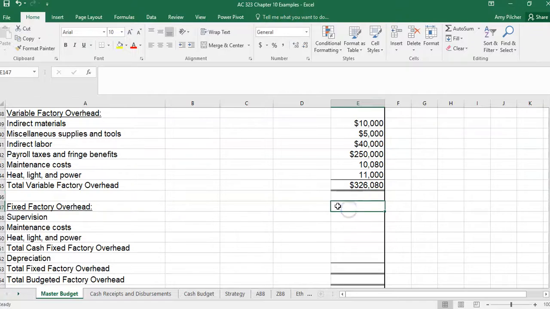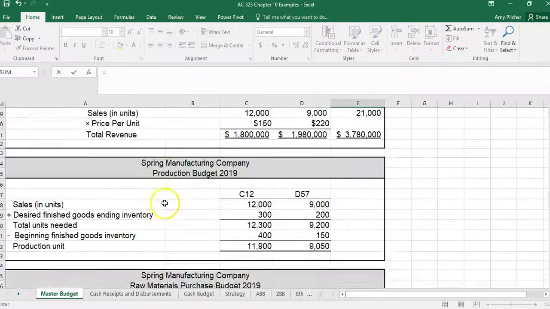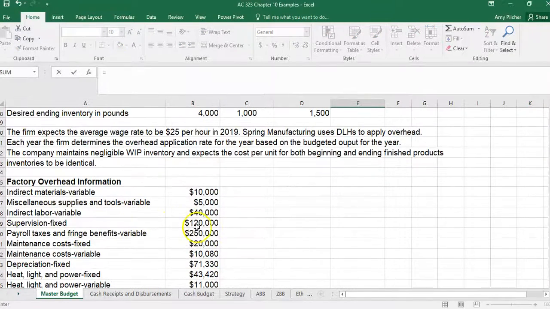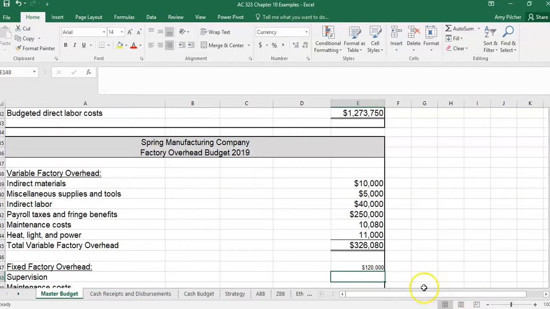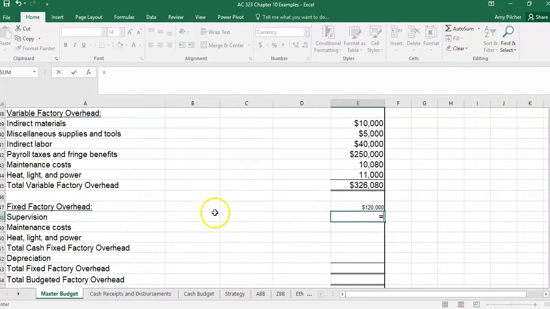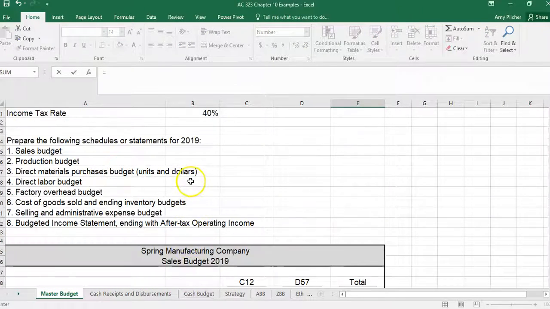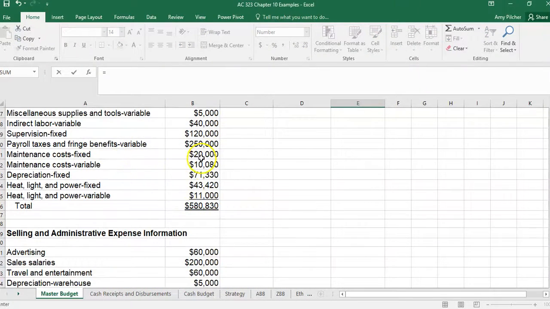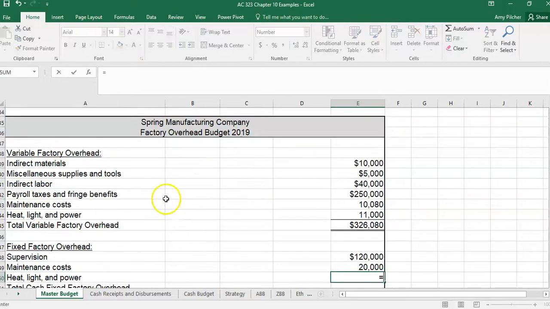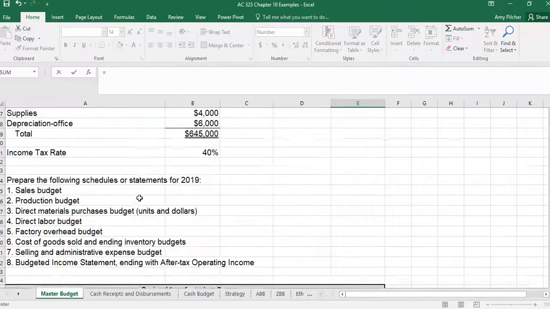Now we need our fixed overhead expenses, supervision, maintenance costs, fixed, heat, light, and power fixed.